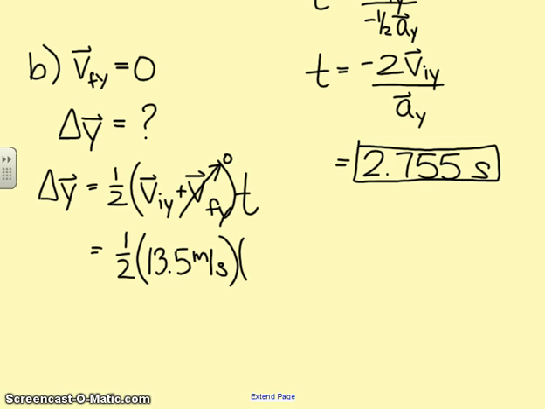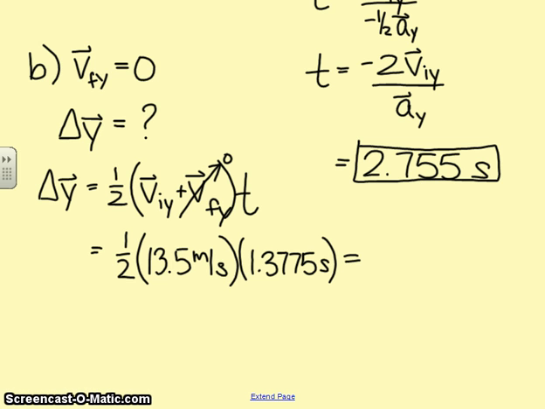Now, you have to be careful before you plug time in there, because, as we just learned, the time that it takes to get to that maximum peak is half of the total time. So half of 2.755 is 1.3775. That's the time that it takes to get to that maximum peak.